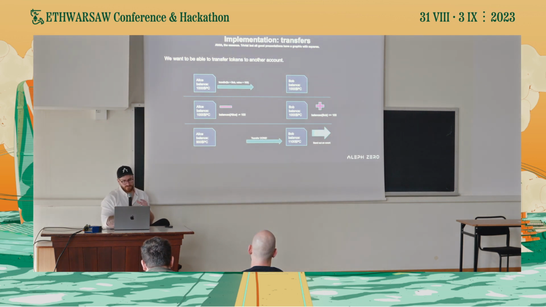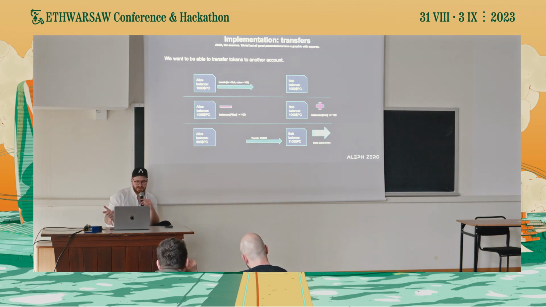Now, I just like to include this graphic. It's extremely simple, but how do you make a transfer? Well, we have Alice, who has a balance of 1,000 coins, and she wants to transfer 100 coins to Bob, who also happens to have 1,000 coins. So she calls our transfer method with Bob as a recipient, with 100 as a value. What do we do? We first need to check if Alice has enough of the coins.